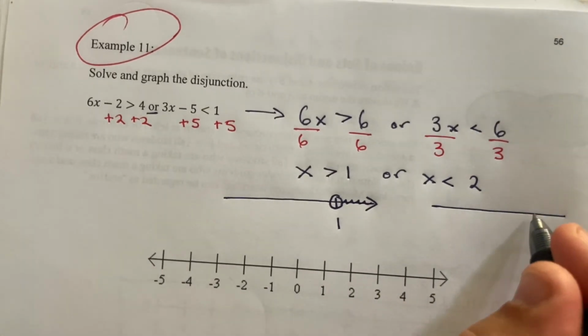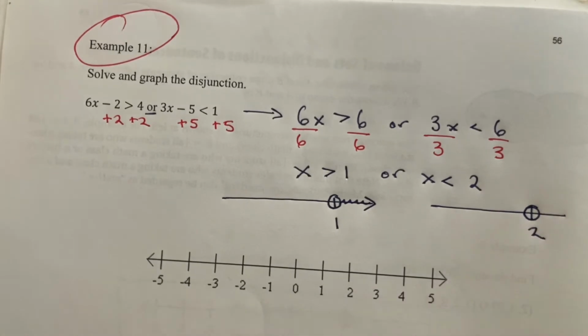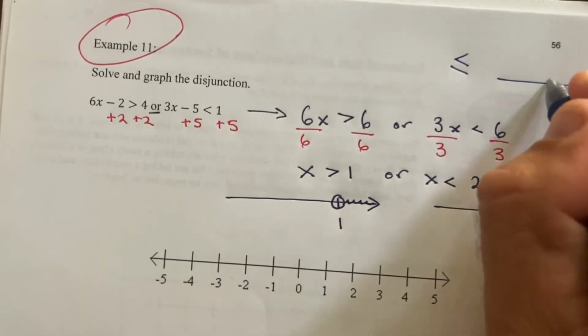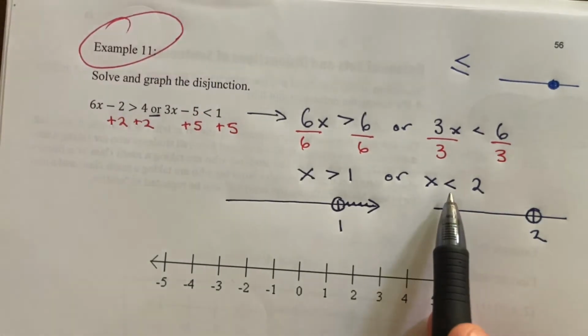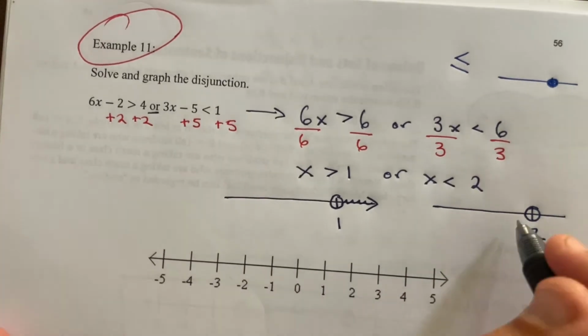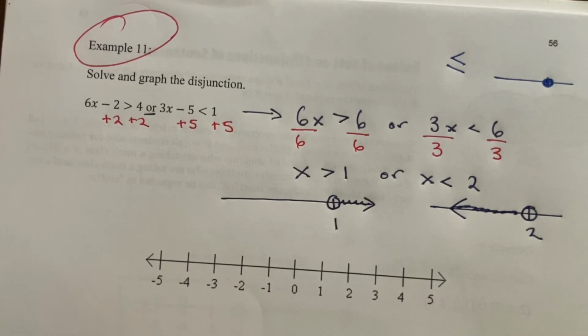For 2, we have again an open dot. Let me just do this up here. If this were equal to or equal to, I would have a closed dot. Okay? But it is not including, and this is saying x strictly less than 2, so I'd have all the numbers to the left of 2.